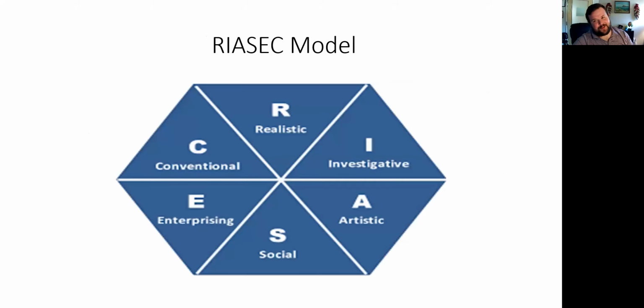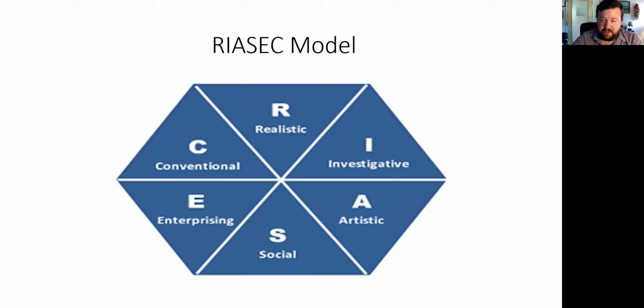So, shifting gears. The next few slides, I'm going to go over common trait theory personality measurements. The first is the RIASEC model. This is a model that we see a lot in career counseling, in career development, and career assessment. It is based on John Holland's work.